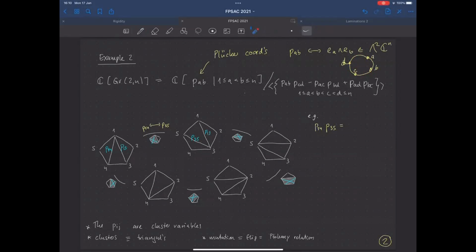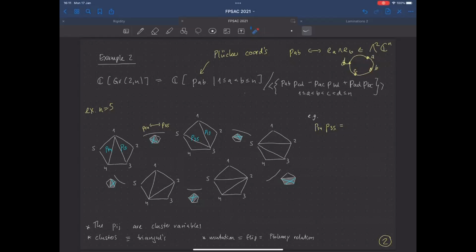And I've drawn it here in terms of a polygon. So we can think of these P_AB as being given as diagonals in a pentagon, for example. So this is the example, n is 5. And then the boundary ones are just P_{i,i+1}. And then in classical geometry, there's this result by Ptolemy, which tells us exactly this rule: when we have a quadrilateral on a circle, the product of the lengths of the diagonals is the same as the sum of the products of opposite sides.